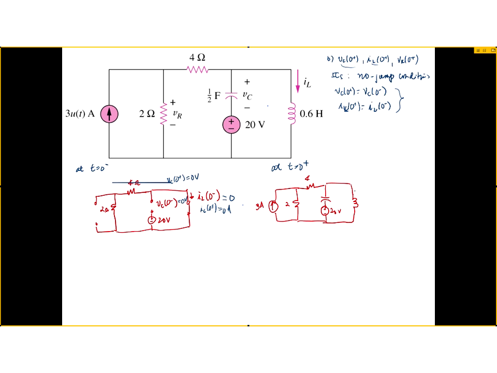The inductor is no longer a short, however, the current there at 0 plus will still be 0, because it was 0 before. Similarly, the capacitor is no longer a short or an open, but the voltage across it is still 0 volts because of the no jump condition.